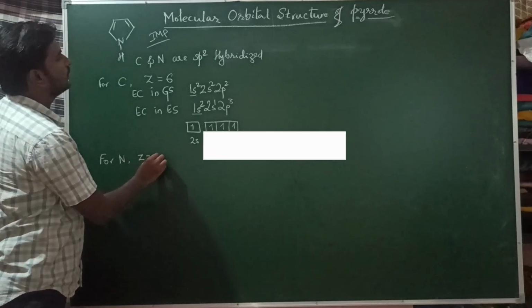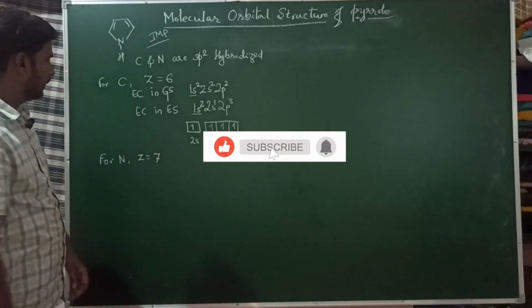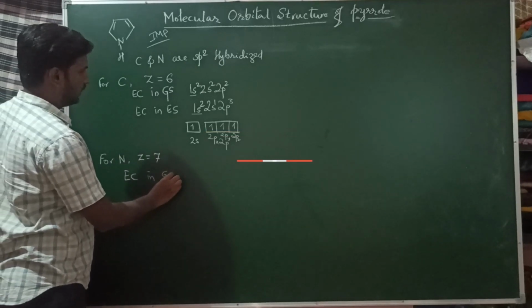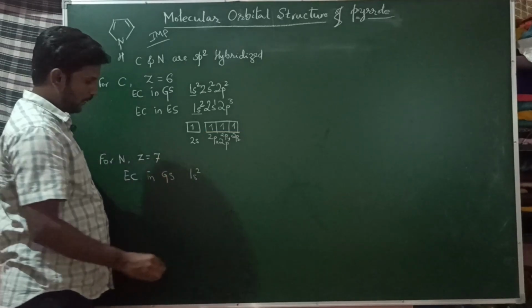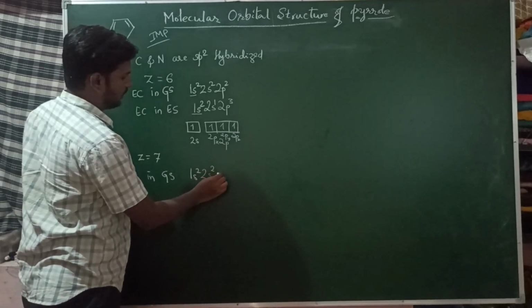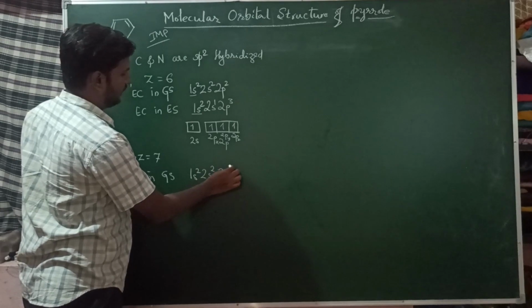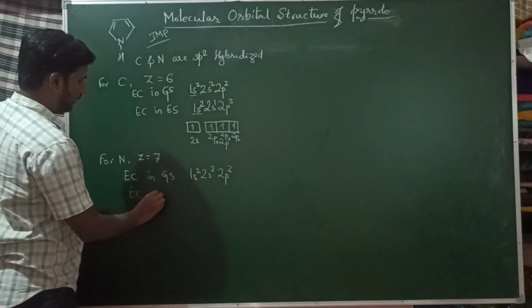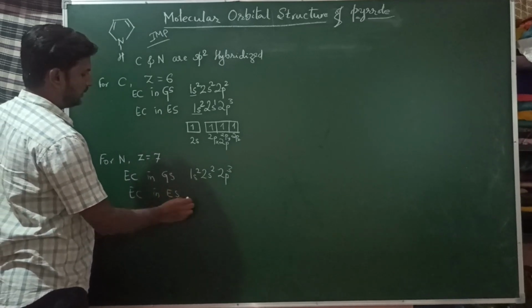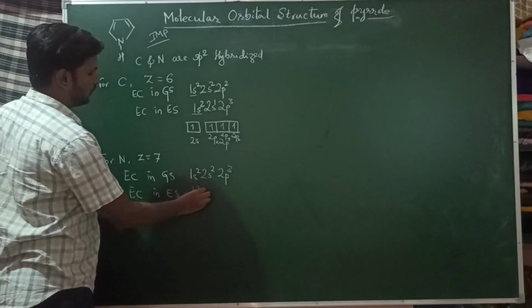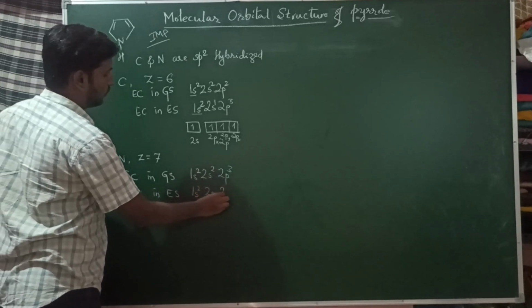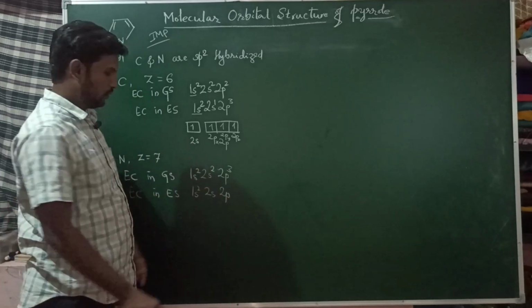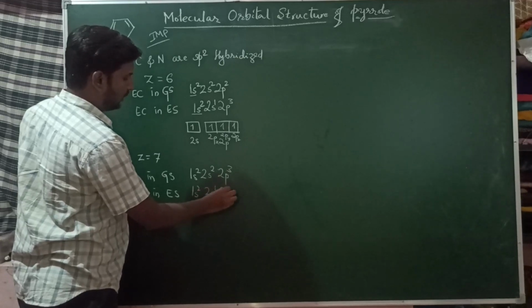For nitrogen, the atomic number is 7. The electronic configuration in ground state is 1s2, 2s2, 2p3. In the excited state, one of the 2s electrons shifts to the 2p orbital, so it is 2s1, 2p4.